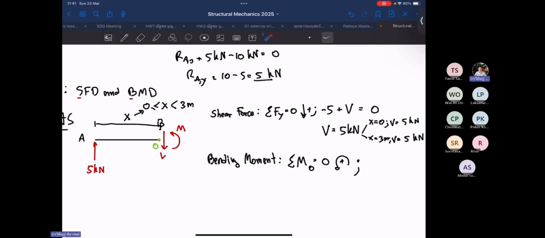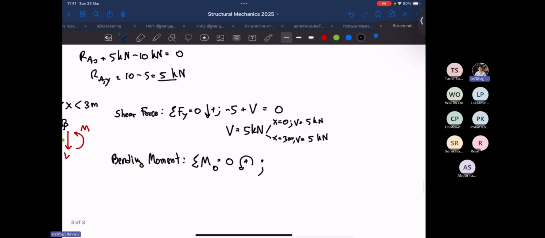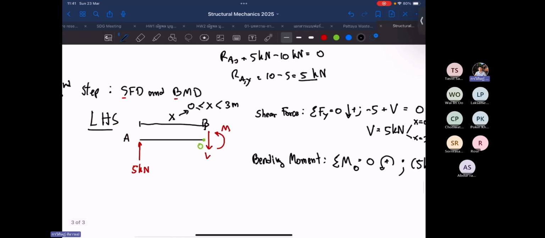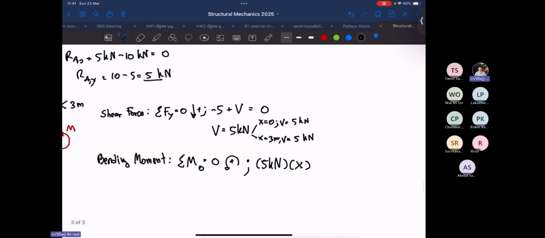So the moment is force multiplied by moment arm, 5 kilonewton multiplied by x. This force generates a clockwise moment, so we have to use a negative sign.